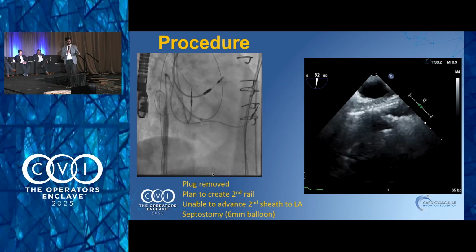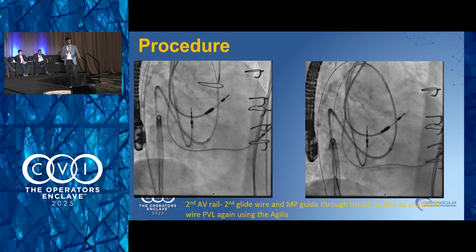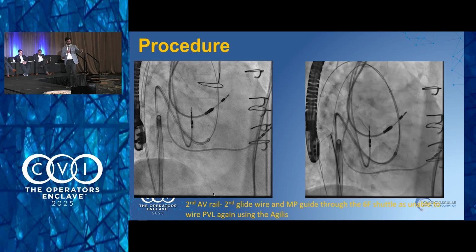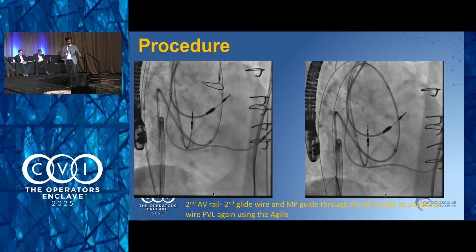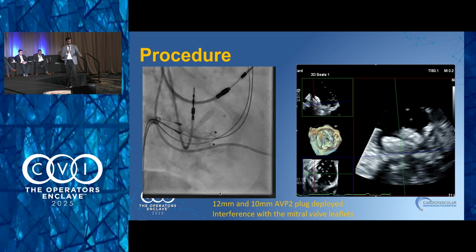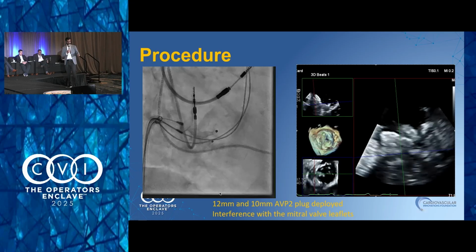And then I put an MP guide through the shuttle sheath and created a second rail. As you can see here, I'm ready with my gooseneck. Then I put 2 6 French shuttle sheaths across the defect. And this time we went with a 12 and 10 AVP, deployed simultaneously.